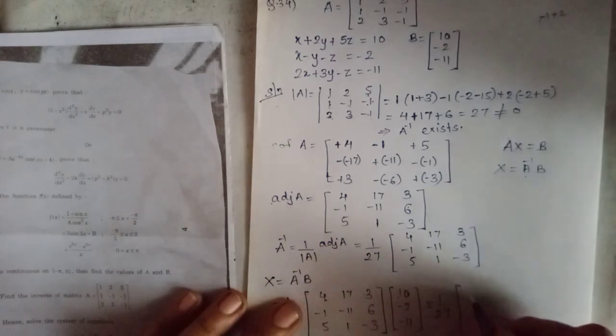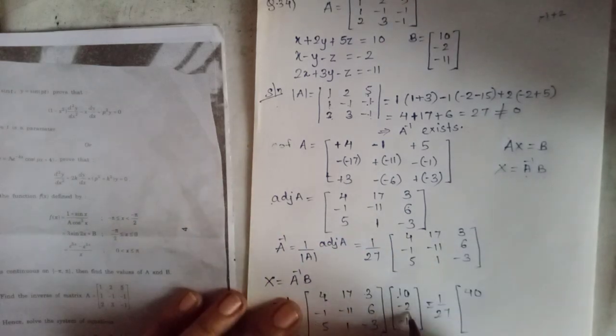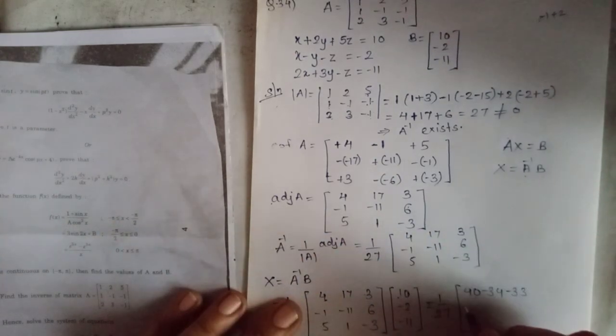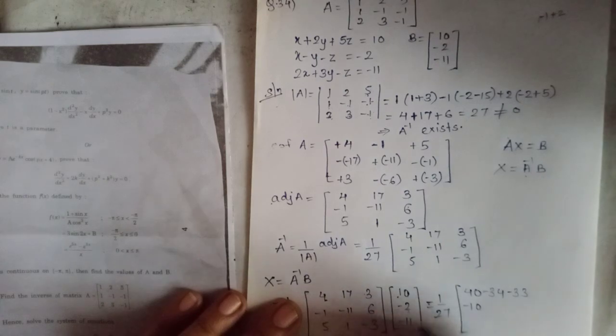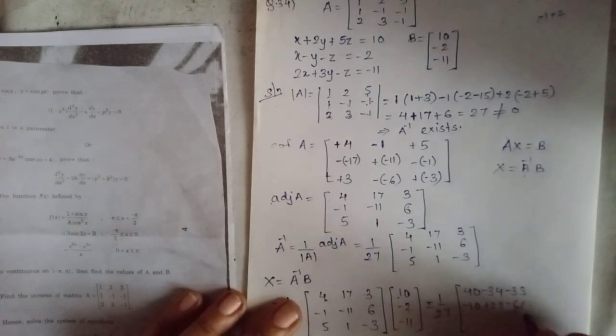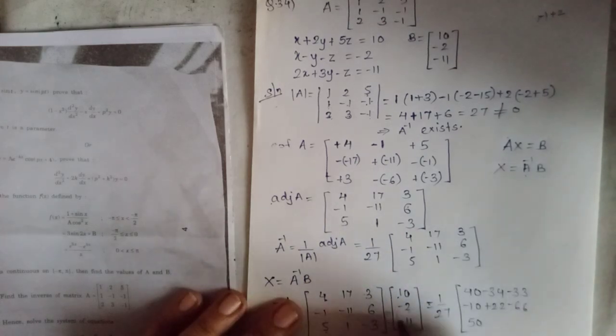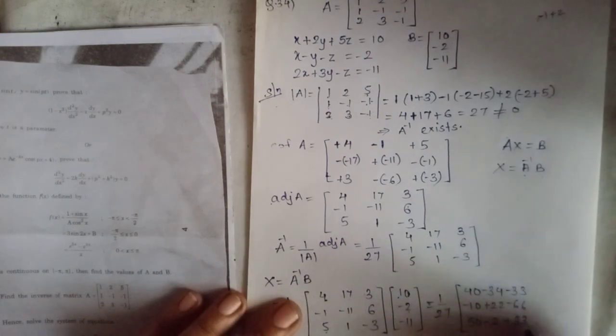So multiplying, you will get 4 into 10, 40, 34, minus 33, minus 10, 22, 66, 50, plus 33.